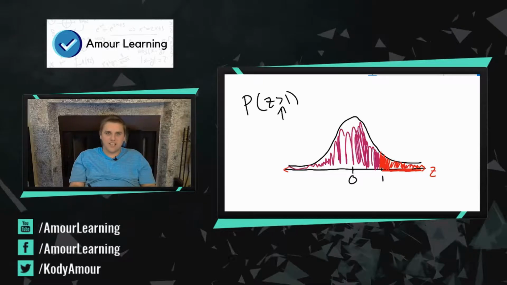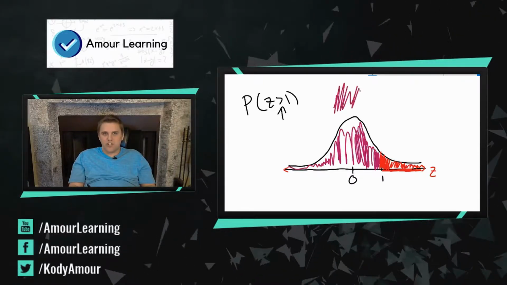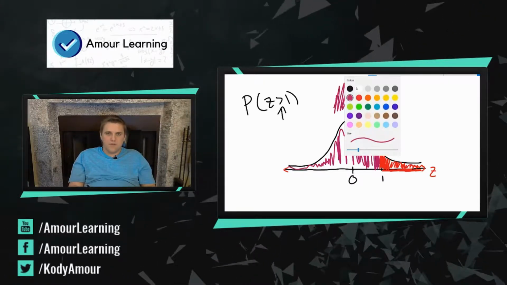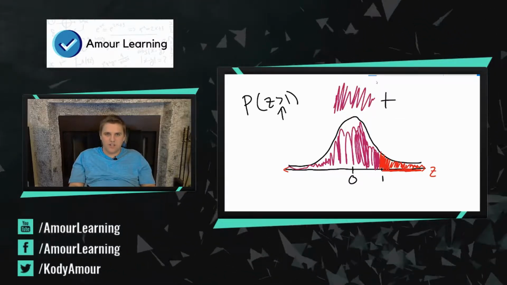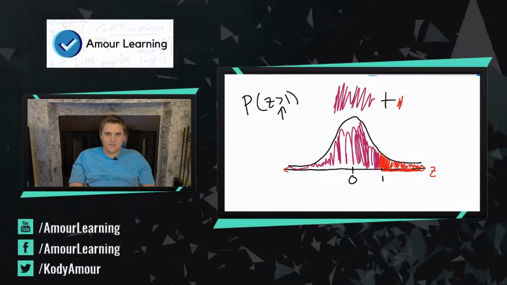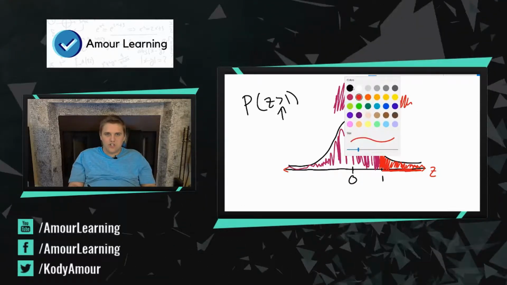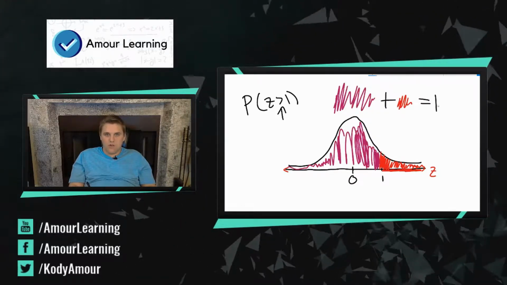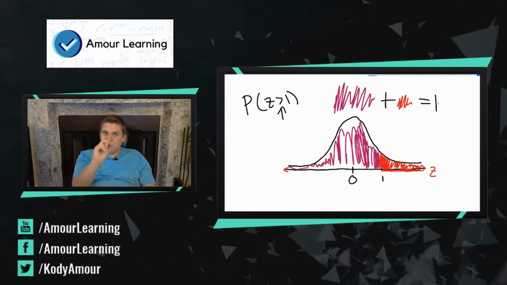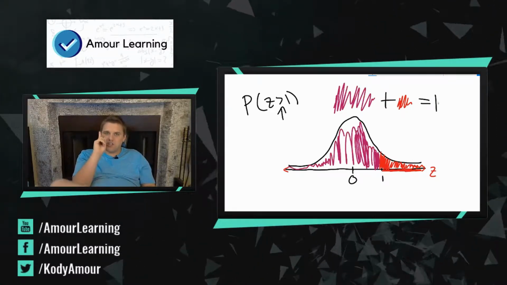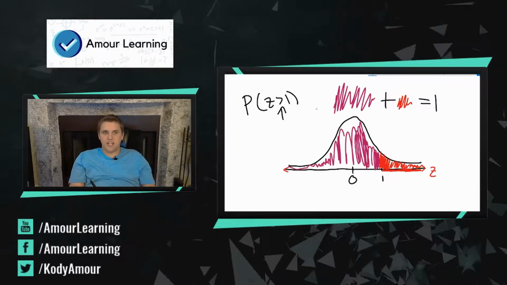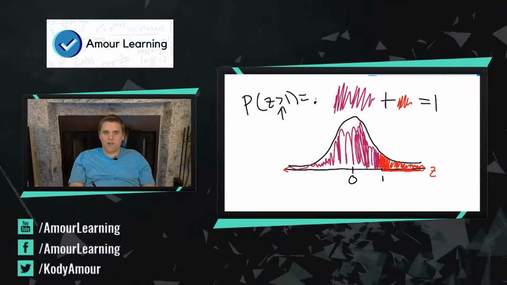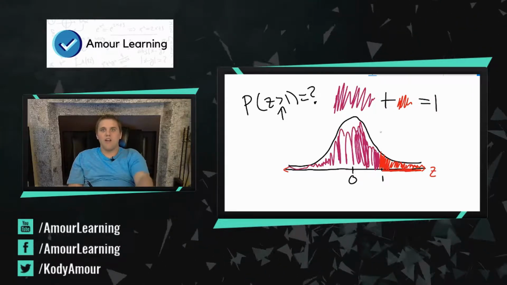So the purple region plus the area of that red region should equal 1. That's a really important fact because we're going to use some geometry to figure out the area of this red region, because that's what we're trying to find. What is this area of the red region?